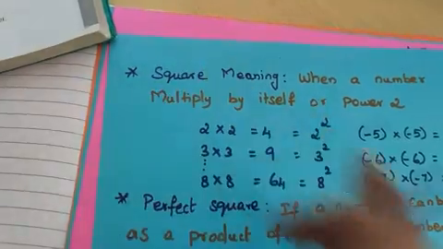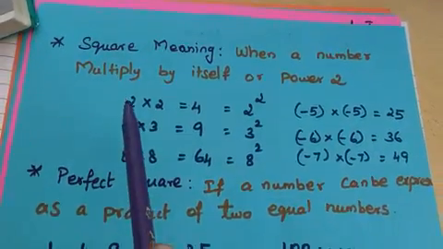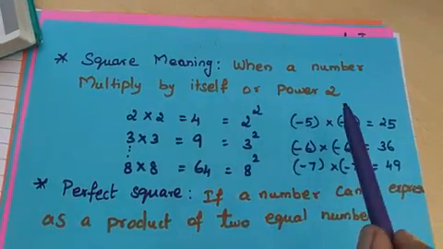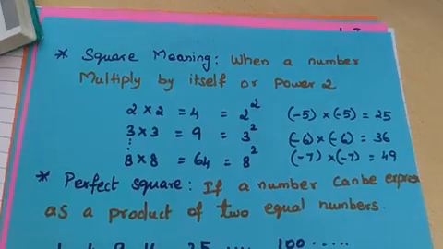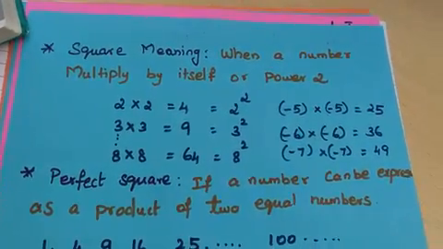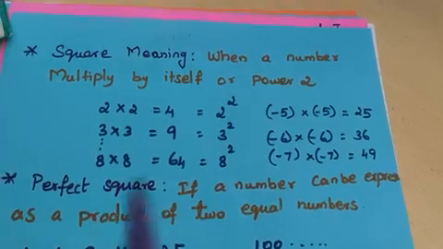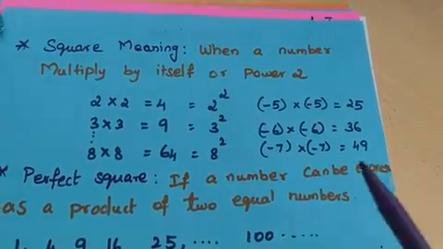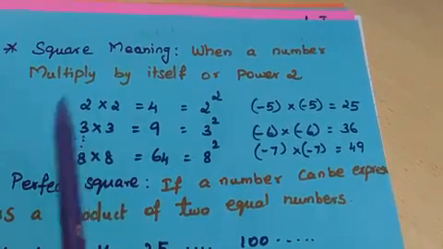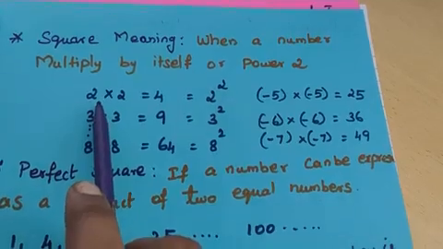Otherwise, a simple way to explain: when a number is multiplied by itself, or to the power of 2, that is square. If you take any natural number, or you can take integers too, and multiply by the same number, for example 2 multiplied by 2, you will get 4. So this 4 is the square of 2.